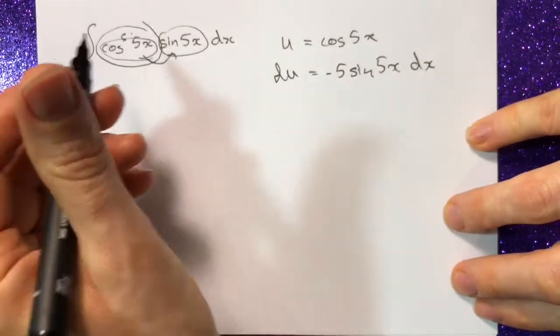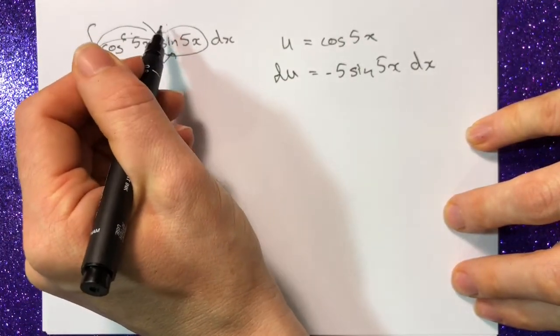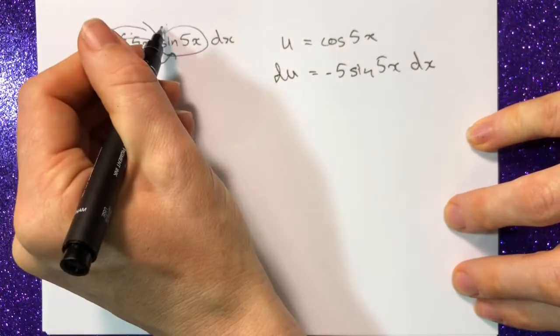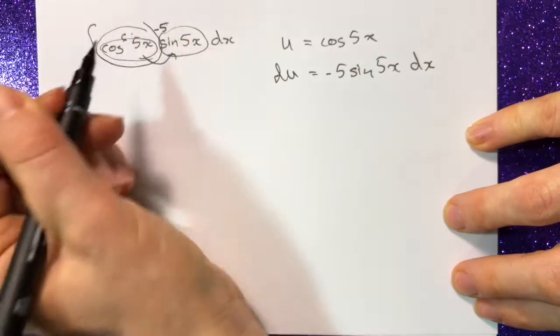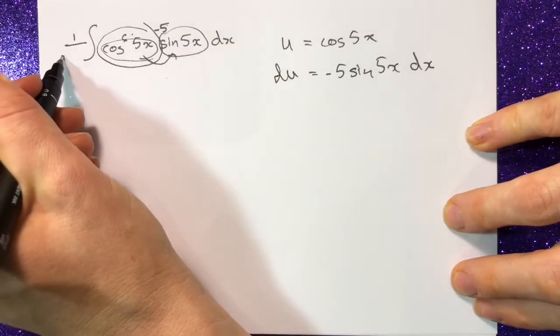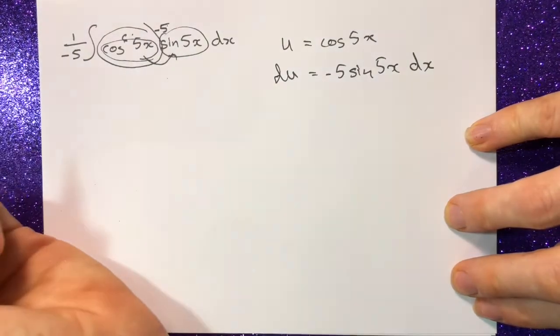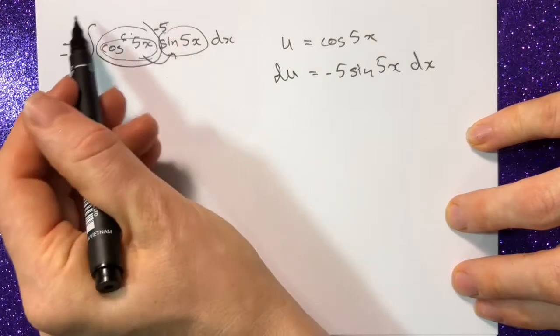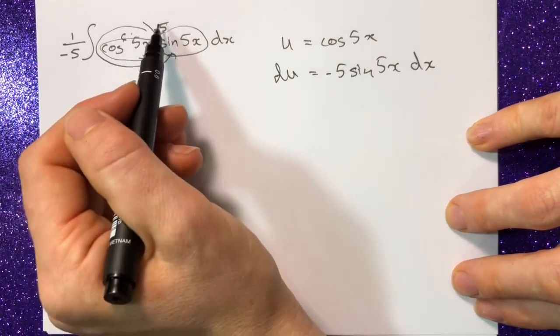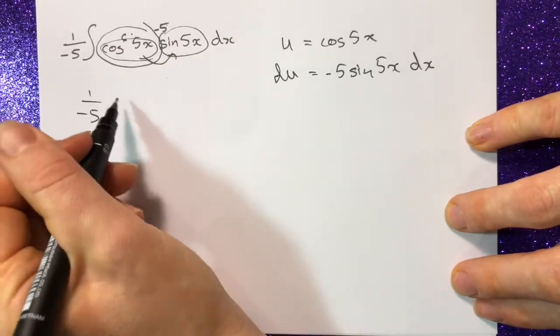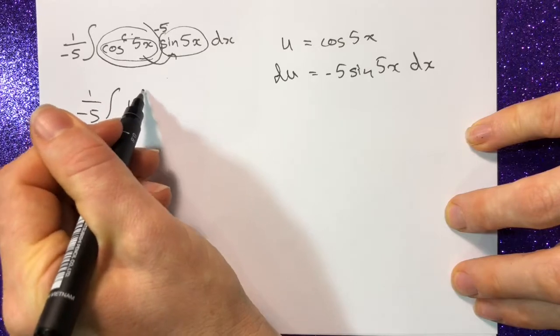So I actually need a minus 5 on my sine 5x dx in order to swap it for du. So if I times this side by minus 5, I'm going to times the front by 1 on minus 5 to counter the fact that I times my inside, because that's actually just timesing by 1. So I put it in and I balance it out. Now I know that that has to sit at the bottom, and then I can have u to the 6 du.